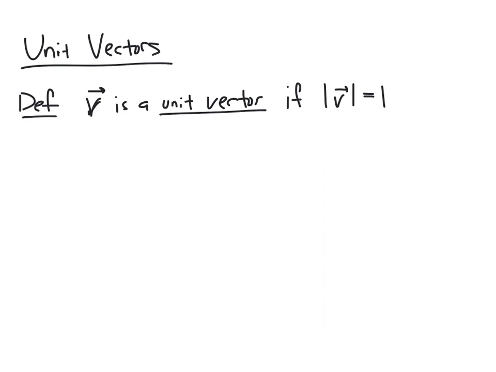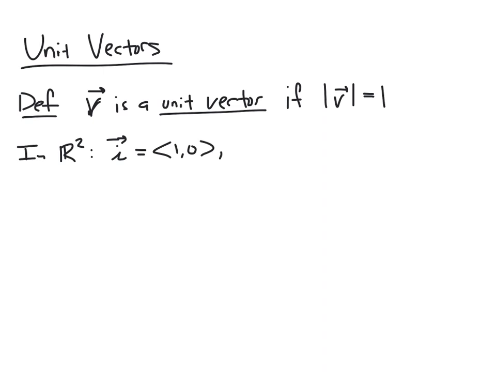In the R2 and R3 contexts, we have some very useful unit vectors that we're going to name. In R2, we have a vector that we're going to call lowercase i, which is going to be the vector 1, 0.